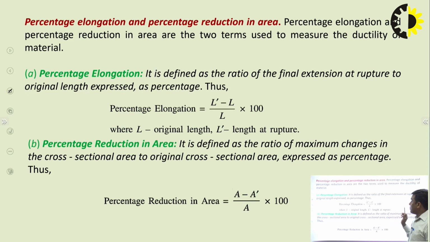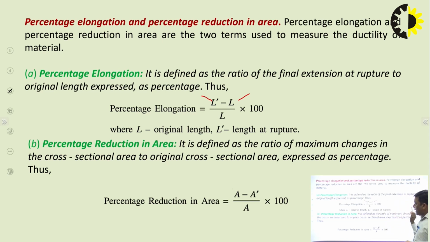Okay, what is the second purpose of the study of the stress strain curve? The specimen is kept in the UTM, where we are continuously monitoring the elongation also, so percentage elongation we can get. L is the length before deformation, L dash is the length of the specimen after deformation. So L dash minus L is the change in length, and divided by the original length L it becomes strain, and strain multiplied by 100 is known as percentage elongation.